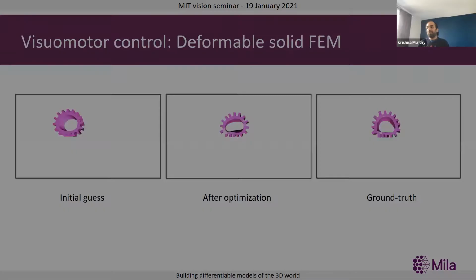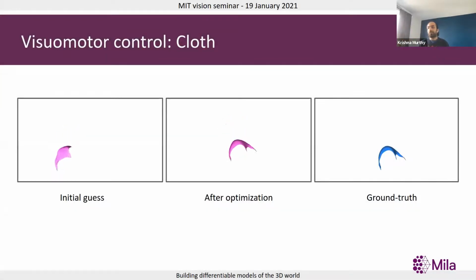Similarly, we have an experiment for cloth, where we try to predict the initial velocity with which you throw the cloth, and it needs to approximate the ground truth image on the right. The supervision here is not a sequence of images or a video, it's just a single target image.